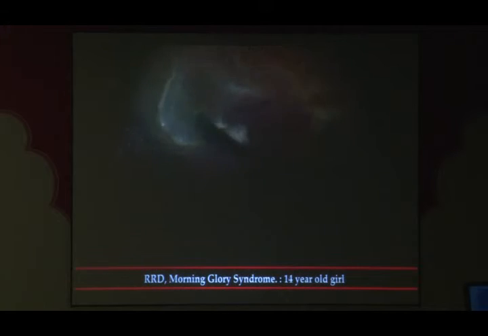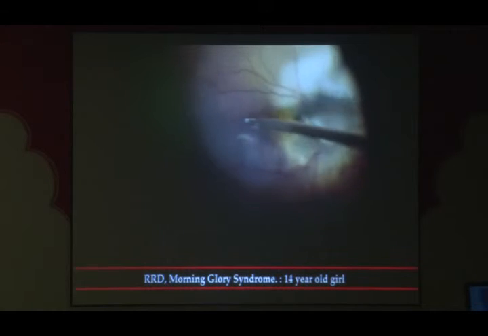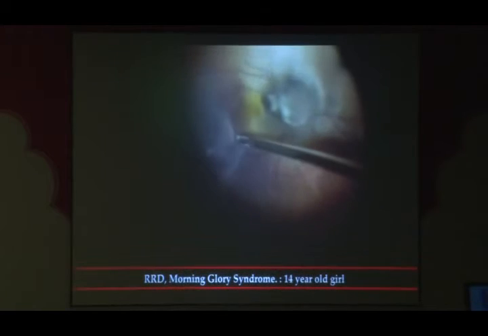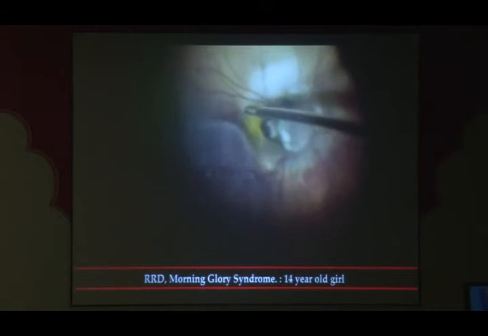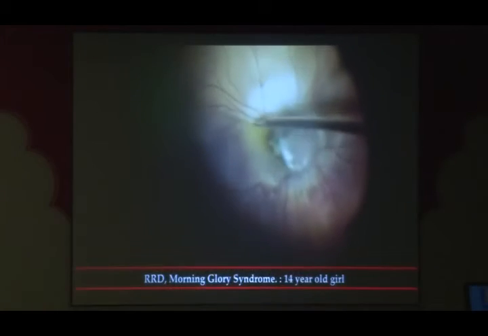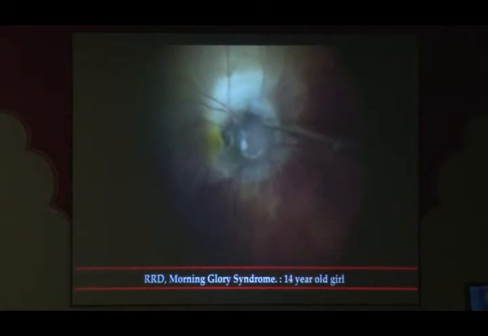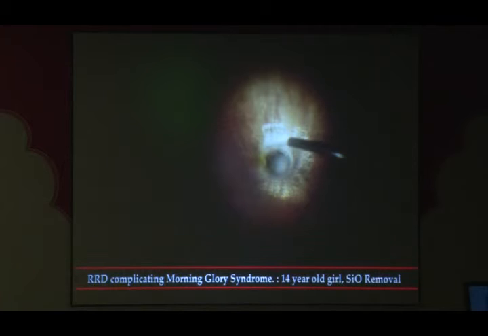Again, this is the case of optic disc coloboma or morning glory syndrome, and the posterior hyaloid was very easily removed, and the internal limiting membrane again was removed first without the use of PFCL, and then under PFCL, and then laser was applied around the coloboma.